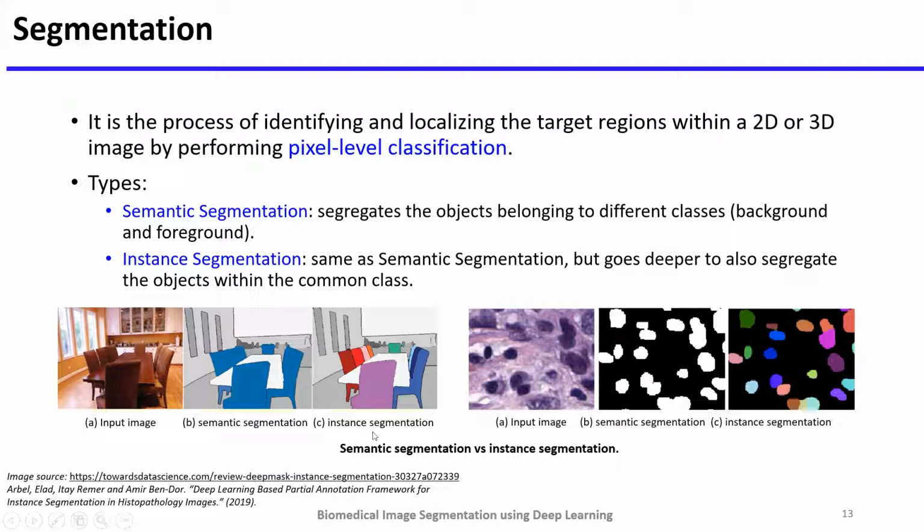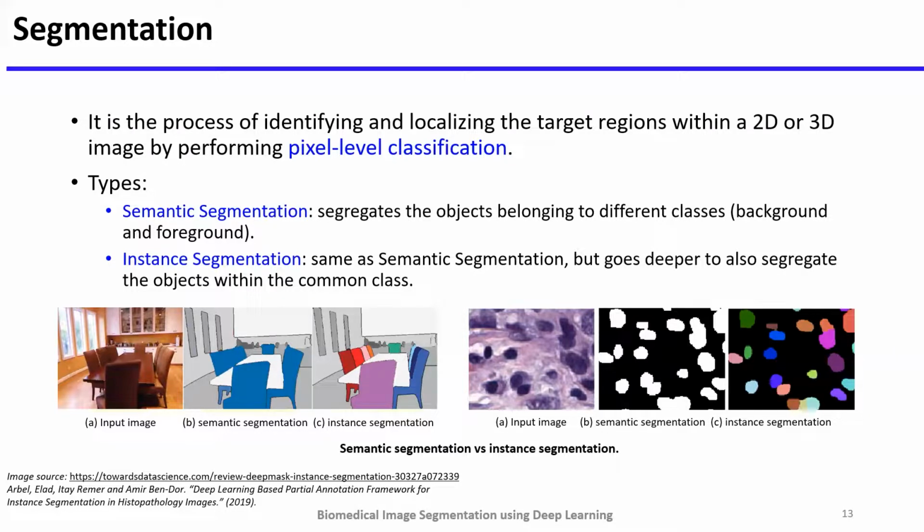But whenever we do instance segmentation, within that chair class we can see the differences of the individual chairs. Similarly, you can see the other picture where, for the input image, if we do semantic segmentation, it is divided into two classes only, the background and the foreground part.